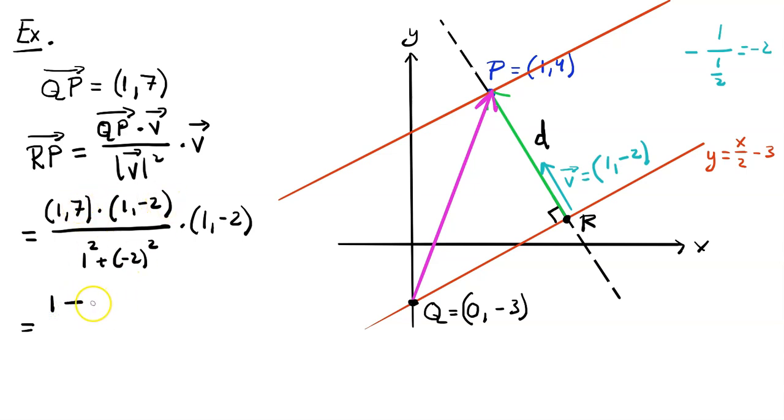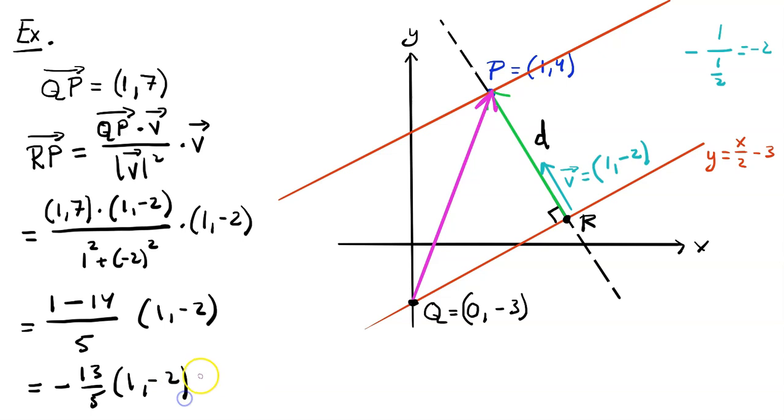Minus 7 times 2, that's 14. This is 5. This is 1, -2. So this just becomes minus 13 fifths times 1, -2. Or if you multiply in, (-13/5, 26/5). So we have found the green one.